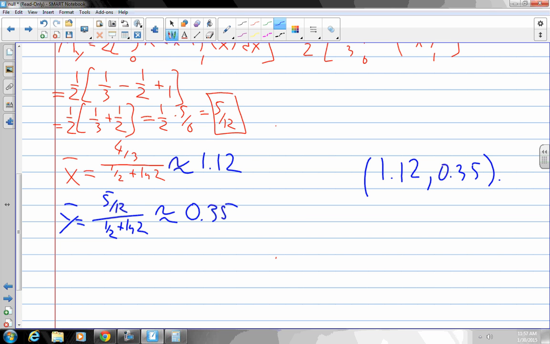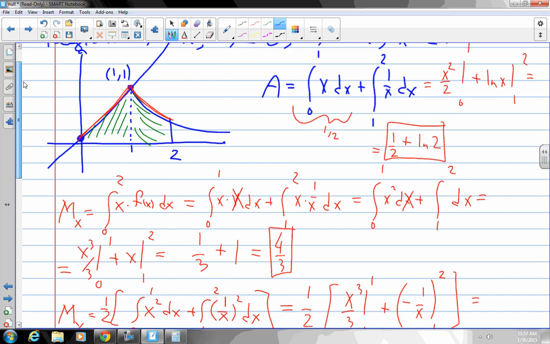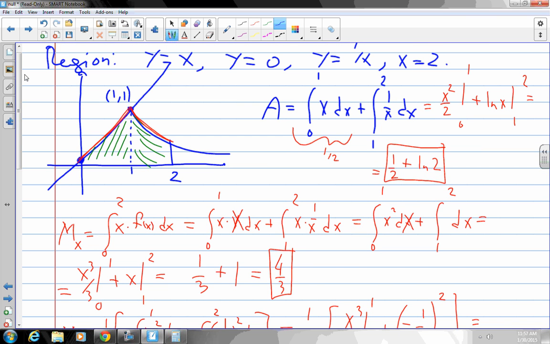Now I have a project for you. Can you take this region and rotate around the y-axis? The answer is yes.